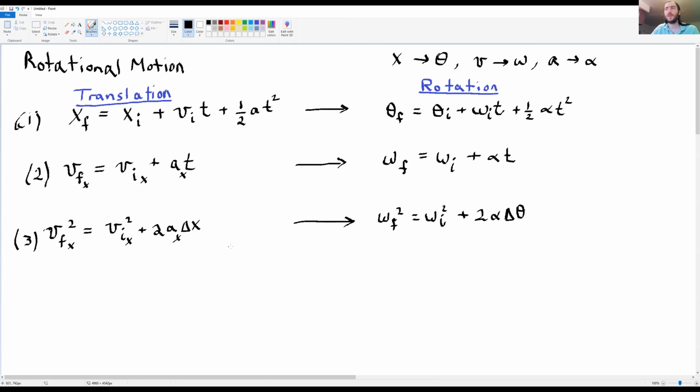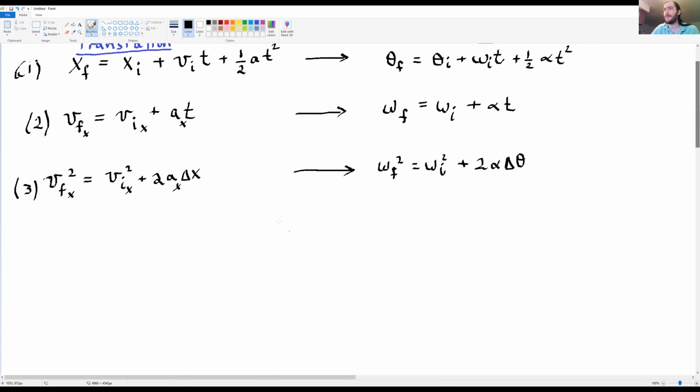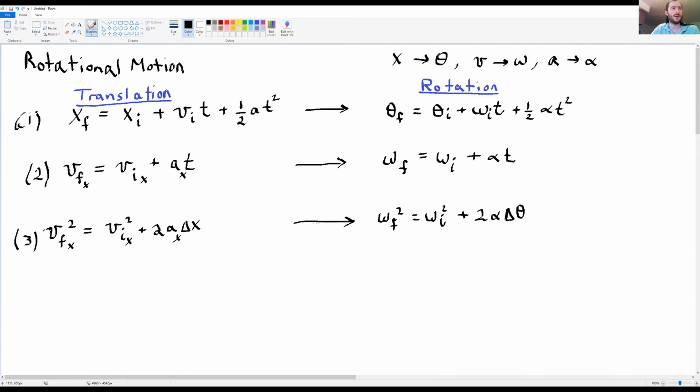Now let's take a look at why we can do this. We've already seen it in the textbook. I'm sure you guys have read it already, but the reason we can do this simple substitution is because the definitions of these rotational quantities are almost identical to their translational counterparts. So for velocity, we have delta x over delta t, right?